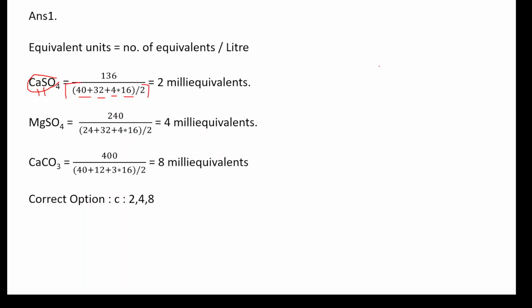Why 2? Because in the reactions, what happens? CaSO4 is there, and under equilibrium, Ca2+ plus SO4 2-.